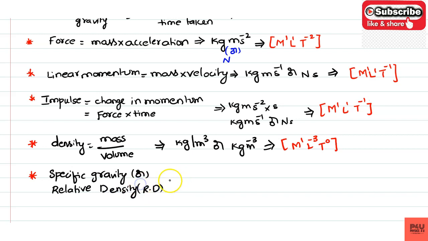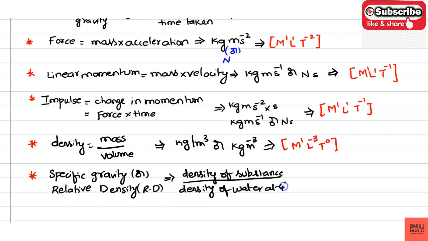We know relative density is the ratio of the same physical quantities: the density of the substance divided by the density of water at 4 degrees centigrade.